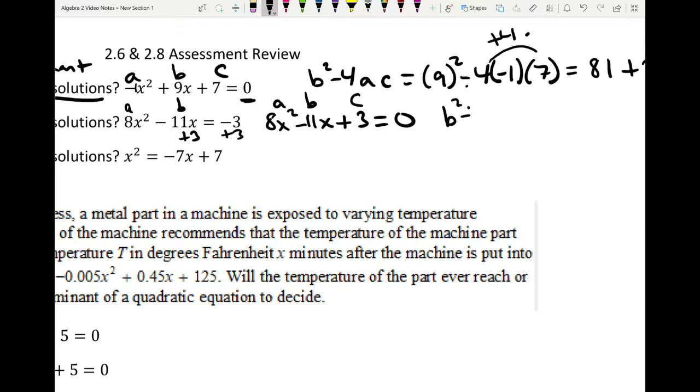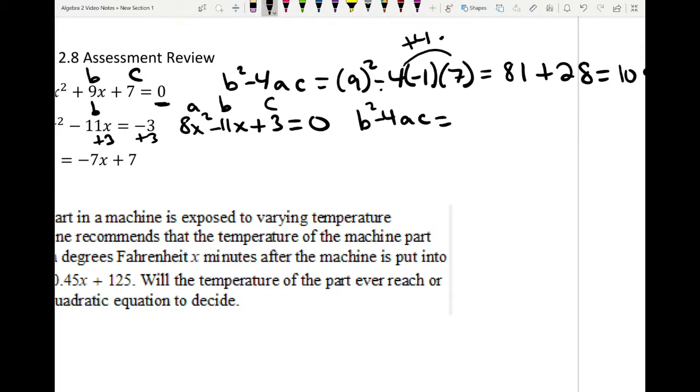B squared minus 4AC equals, A is 8, so 8 squared minus, or I'm sorry, no, this should be B, which is -11. So -11 squared minus 4 times A, which is 8, times C, which is 3.